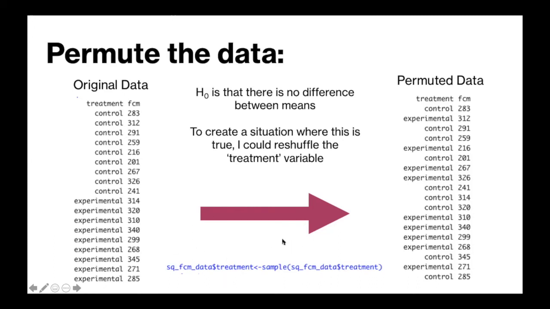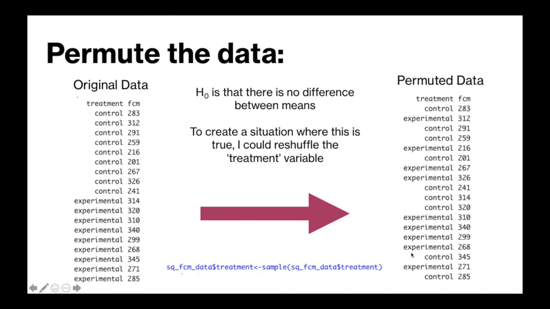So here I've used some R code, in particular the sample function, to permute the treatment labels here. This just randomly reshuffles these treatment labels, and you can see that the fecal cortisol metabolite values have remained the same as they were in the original data. What's changed is that we've randomly reshuffled the treatments associated with each of those fecal cortisol metabolites.